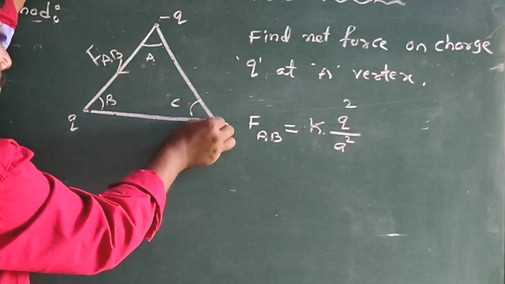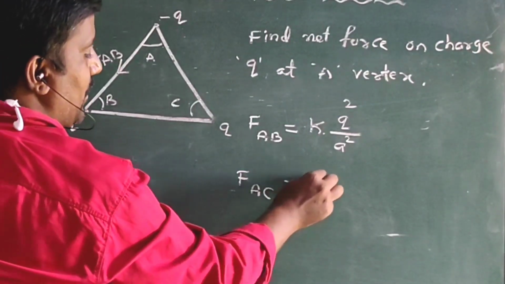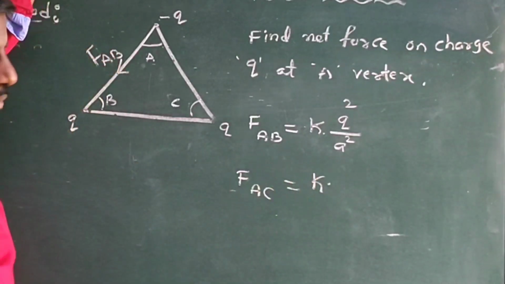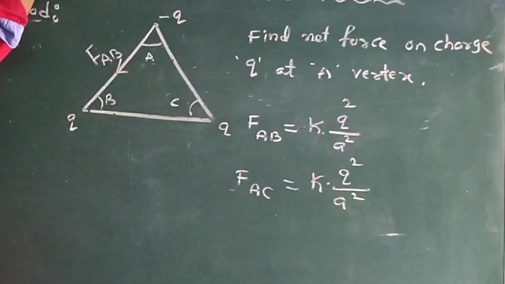And similarly the force on A due to charge C, F_AC, is equal to K into Q square by a square.